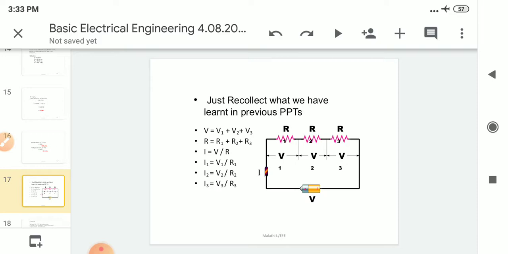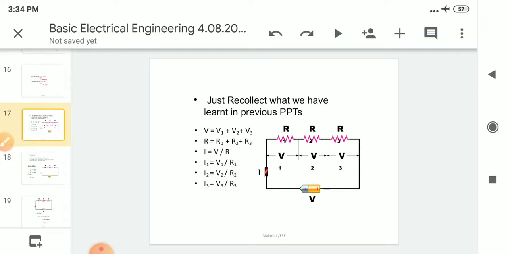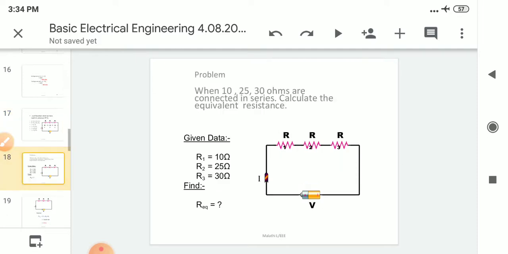According to Ohm's law, I is equal to V by R. By using this Ohm's law, if we are finding the values of drops, then I1 is equal to V1 by R1, I2 is equal to V2 by R2, I3 is equal to V3 by R3. These are the points we have to remember. By using these simple formulas, we are going to solve the remaining problems.